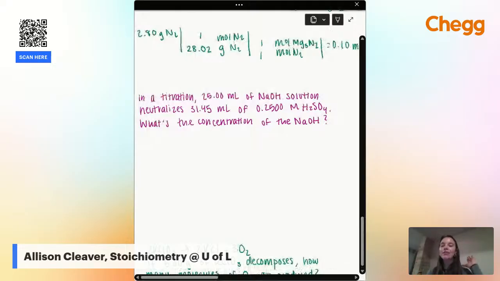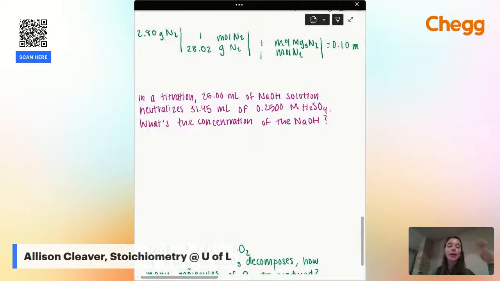But we have 25 milliliters of NaOH, which is a strong base, and 0.25 molar, 31.45 milliliters of H2SO4, which is a strong acid. Good news about this question is if we can identify that NaOH is a strong base, which it is, and H2SO4 is a strong acid, which it is, it's a really straightforward dilution question.